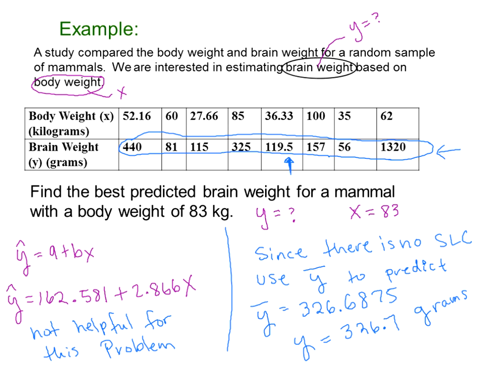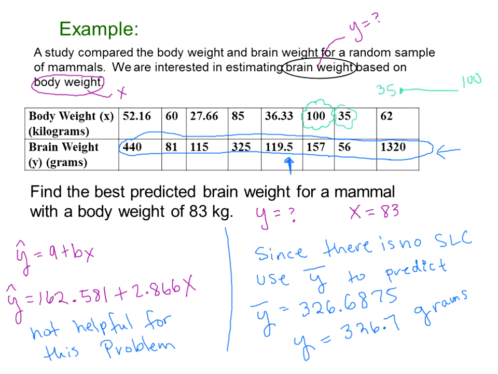One other thing I forgot to say here is that when you do make predictions, you have to stay within the scope of your data. So it looks like the largest x I had here was 100. So when you make predictions, you can't go above 100 for x. You have to stay within the scope. And it looks like the smallest is 35.